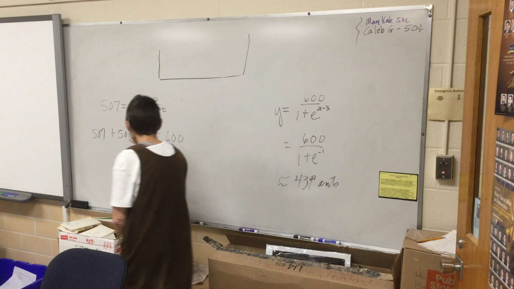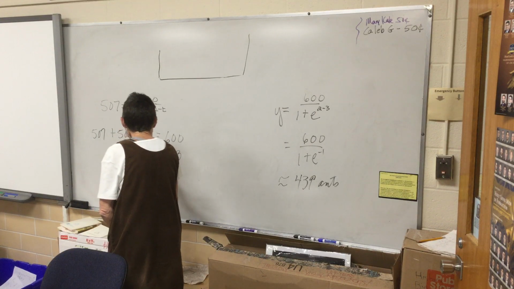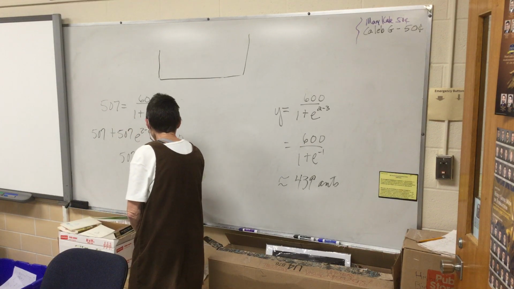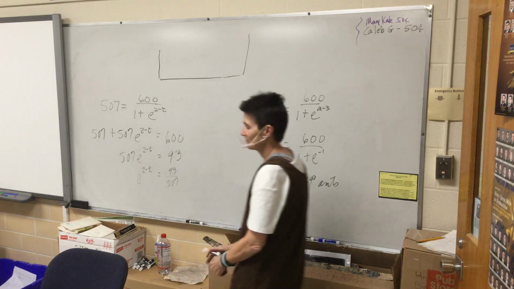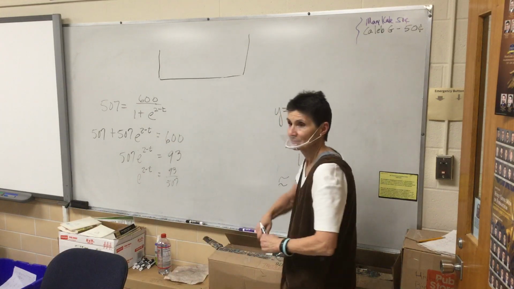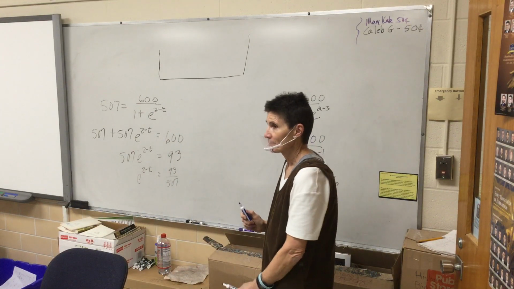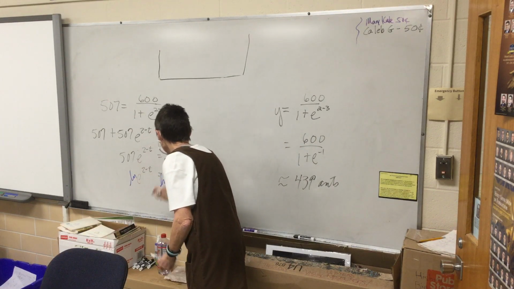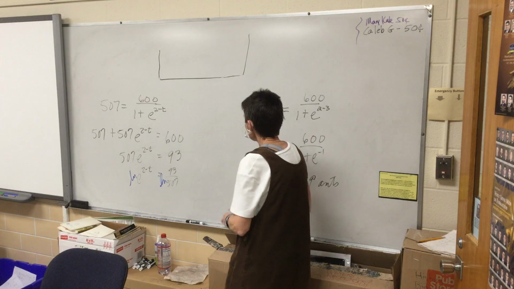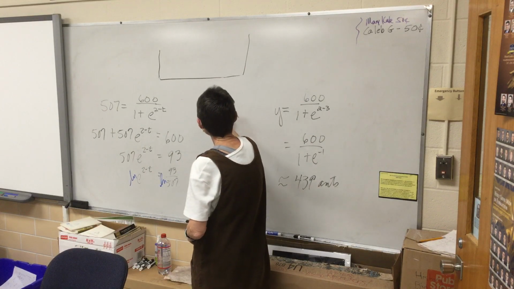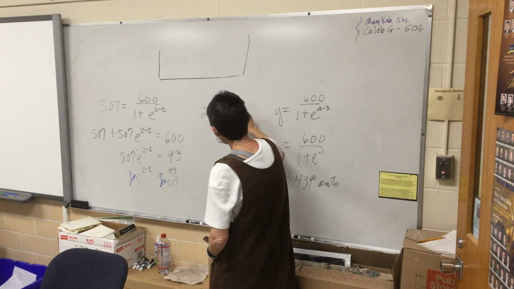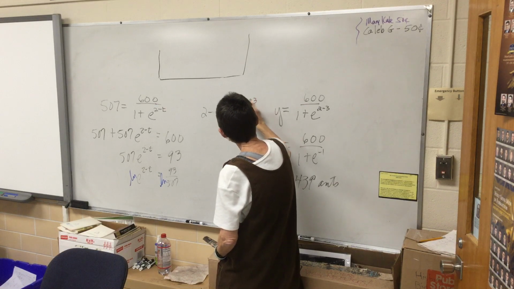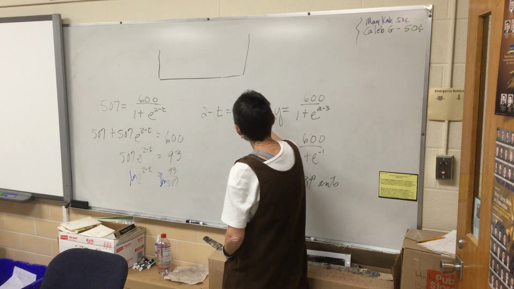Divide by 507, so e to the 2 minus t equals 93 over 507. ln. So 2 minus t equals ln 93 over 507.